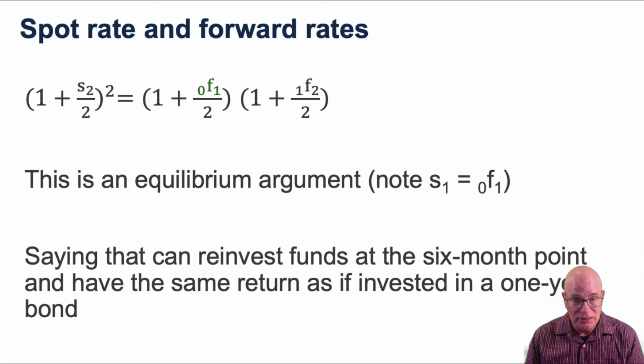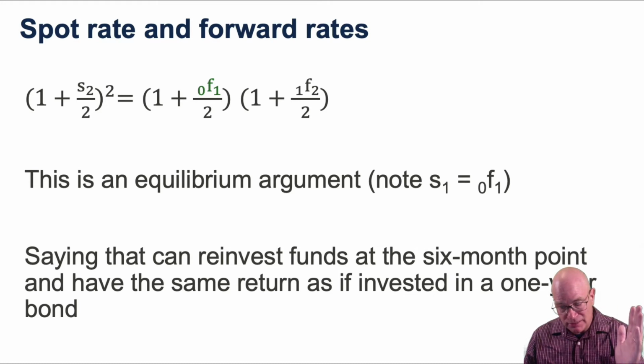You cannot take a bond that is invested from 6 months then a year and get a better return than having a year. If that did not happen, there would be arbitrage conditions that exist. So that's for the second time period.